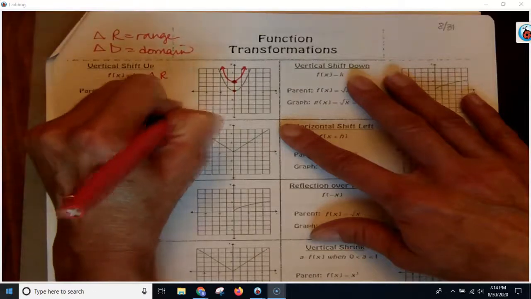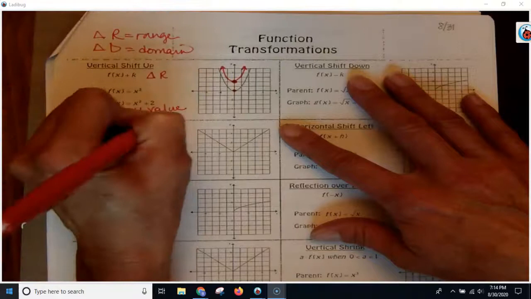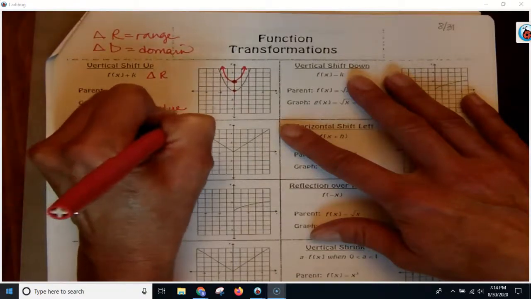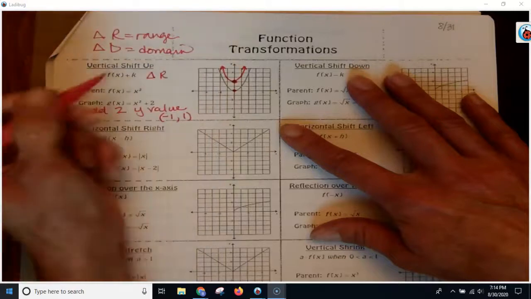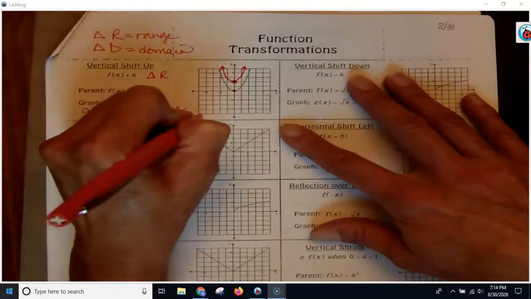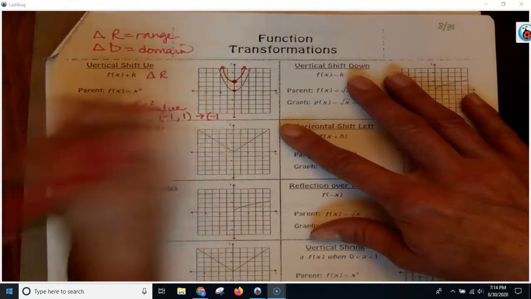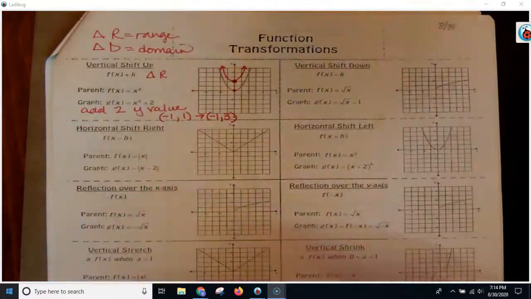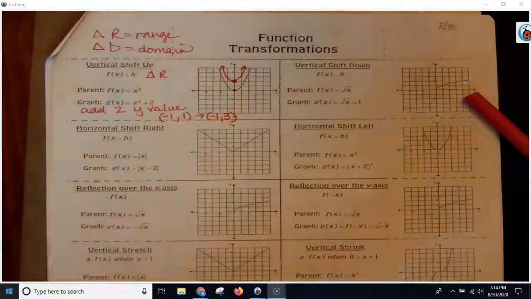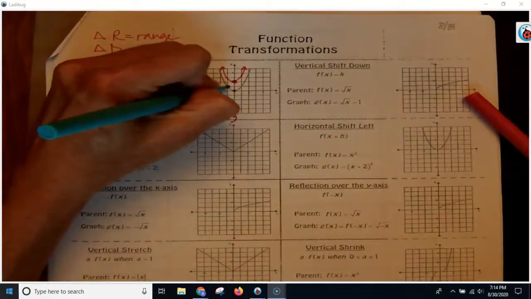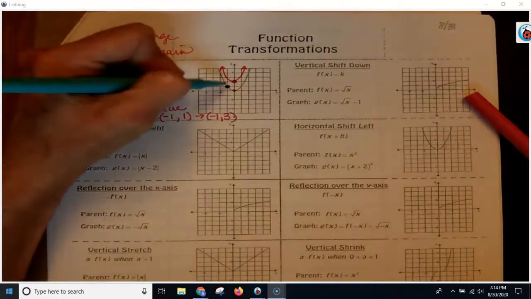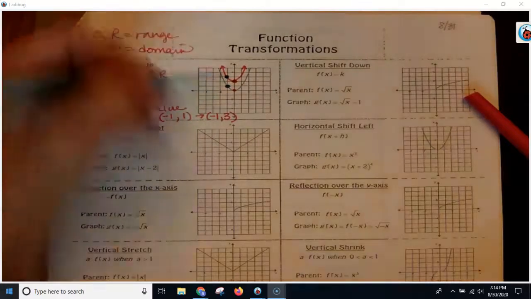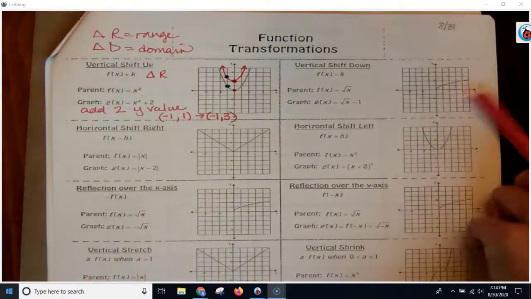For example, if you picked a point at -1, 1, the new point would be -1, 3. Let's check that out. All you're doing is adding 2 to the y values.